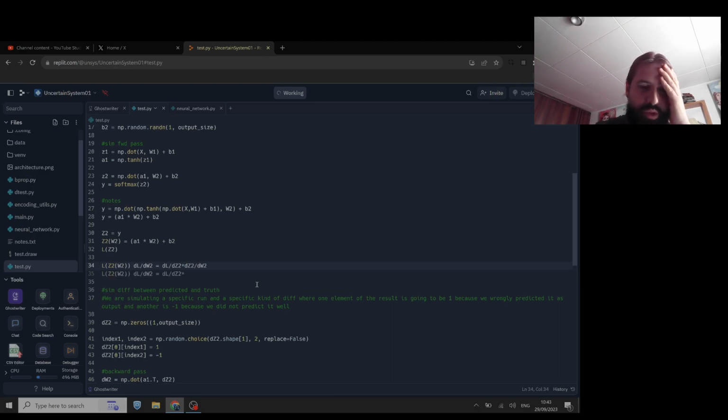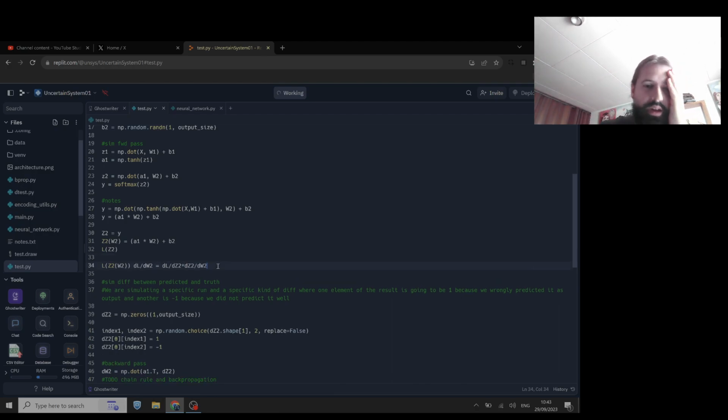Yes, okay, that's just what the chain rule says. We have to believe that. We can maybe do another session on why, sort of abstractly, the chain rule actually works.